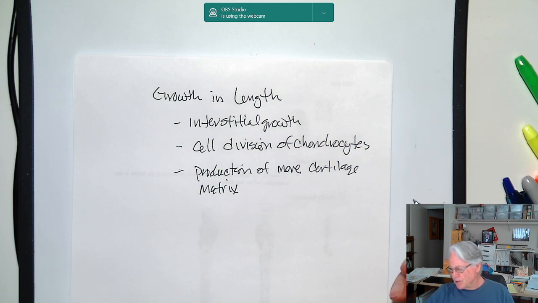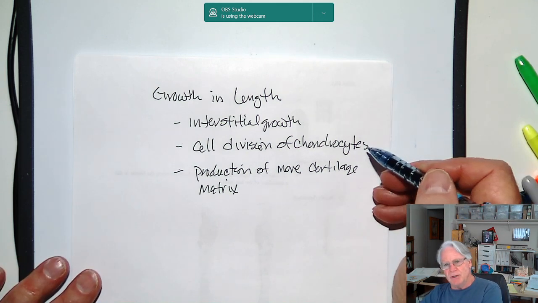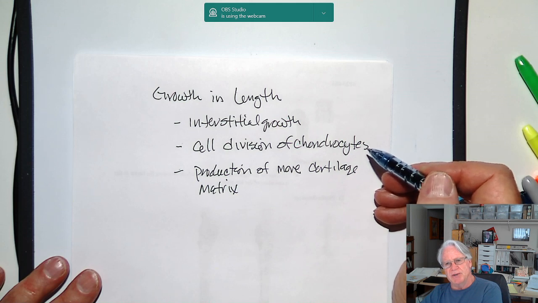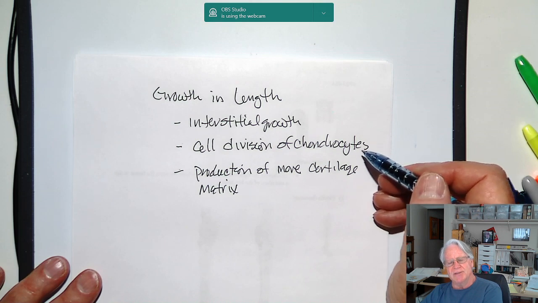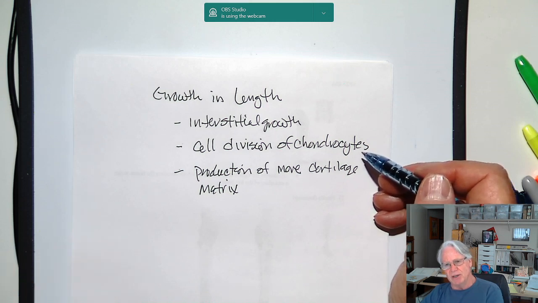So the chondrocytes, as you probably are thinking, well, those are trapped inside the matrix, but there are some that are still capable of cell division. And remember that the matrix here is not calcified minerals. It's more pliable than that. It's more like a gel, a semi-gel, or a liquid gel-like material at this point.